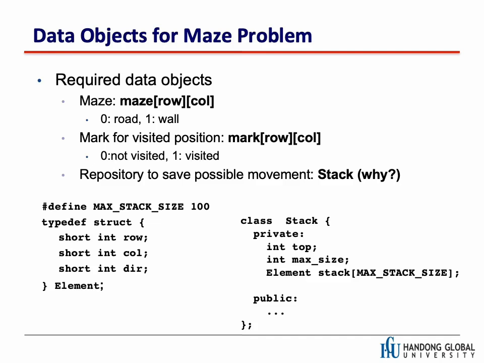Okay, and then we have a stack. As we've seen in the previous lectures, the stack has a top, max size and stack array. If you want, you can have an element double pointer stack, but we will have a simple implementation here. Then we need some functions.